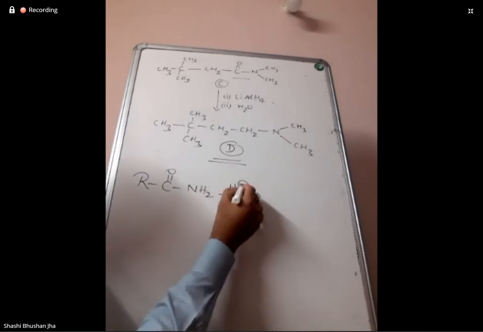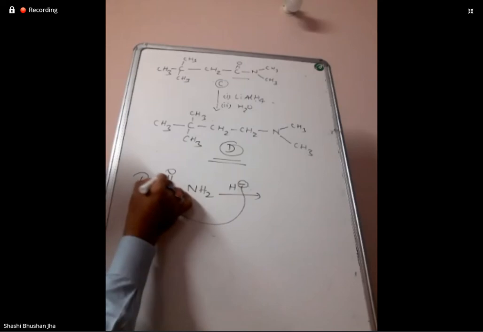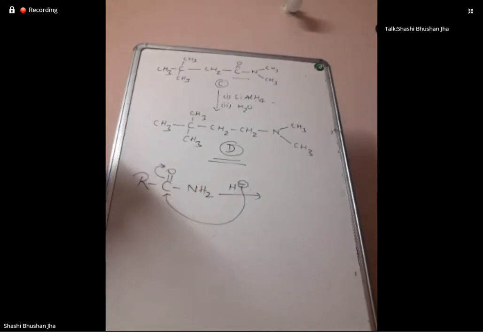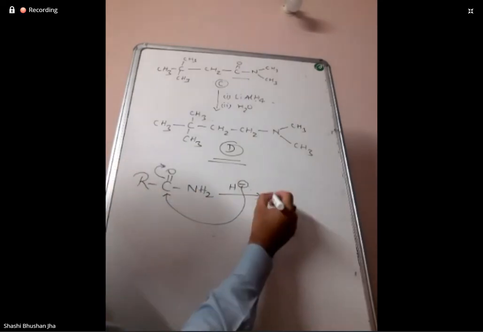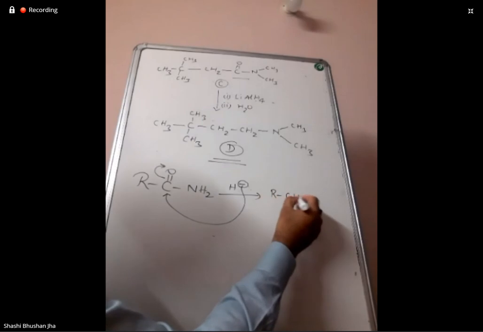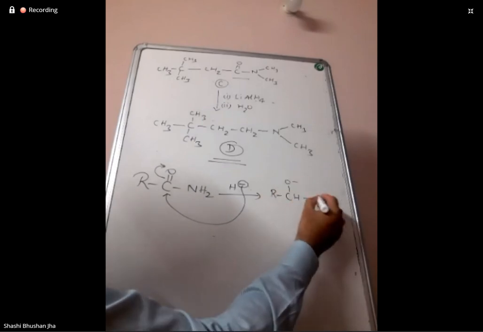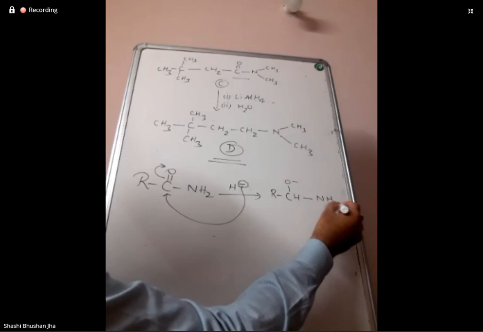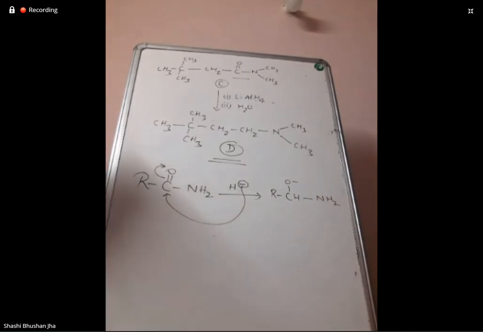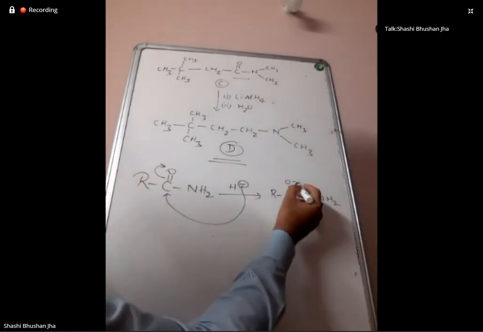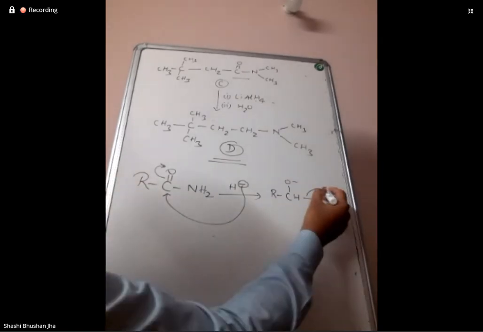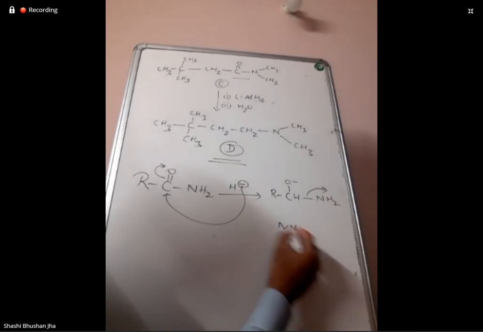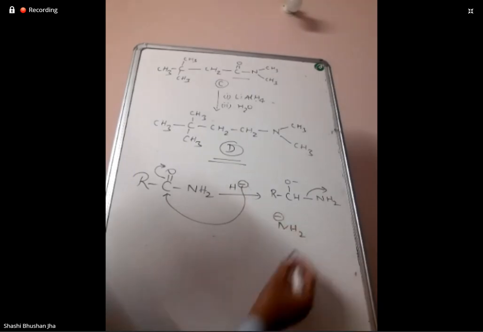Okay, you want to do it this way. So what will you get then? Then again the group should leave, no sir. So this NH2 we are removing as NH2 minus. Does it behave as a leaving group?